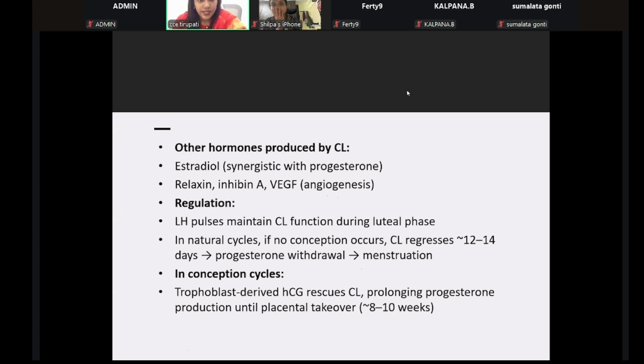In natural cycles, if no conception occurs, the corpus luteum regresses within 12 to 14 days, and withdrawal bleeding and menstruation occur. But in conception cycles, the trophoblast cells from the embryo secrete HCG, which rescues the corpus luteum, prolonging progesterone secretion until the placenta takes over. Around 8 to 10 weeks, the luteoplacental shift occurs, and the placenta takes over the function of the corpus luteum.